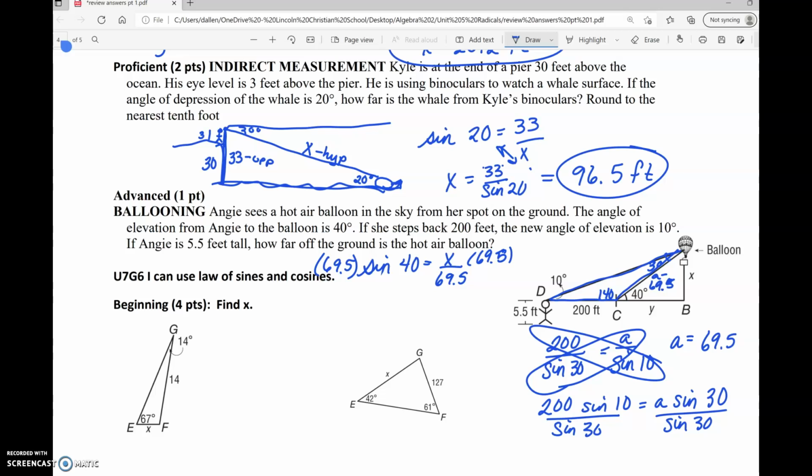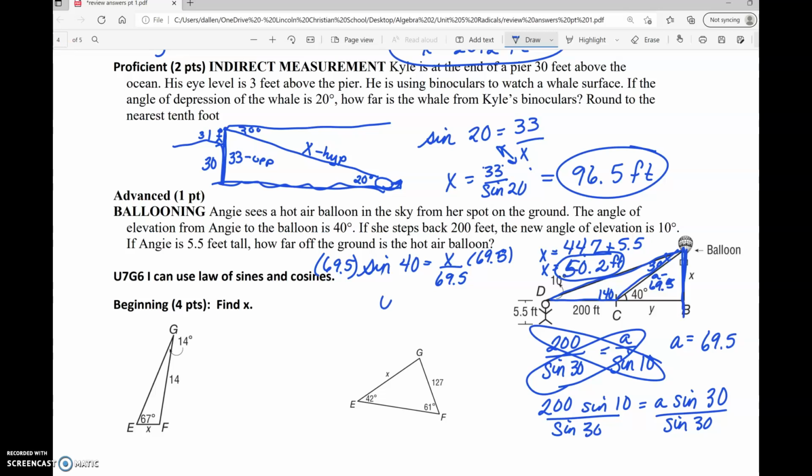Which gives you 44.7, and then we'd add the 5.5, so around 50 feet, 50.2 feet is x, so that gives us this, and then we had to add the 5.5.